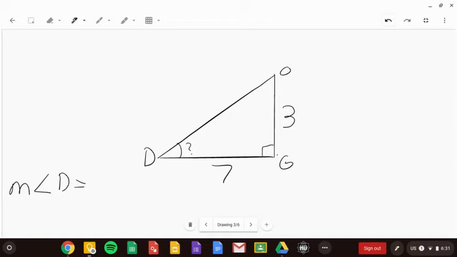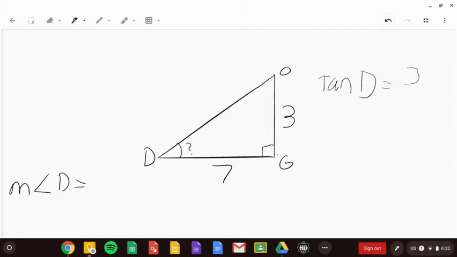So instead you have to find what trigonometric equation will use the opposite and the adjacent sides. That'll be tangent.